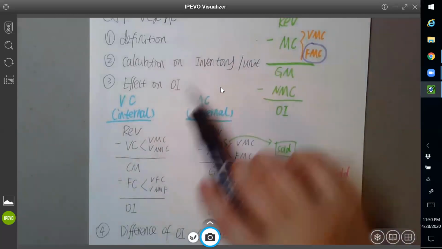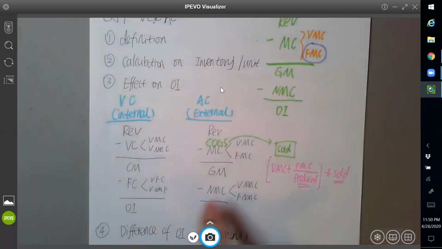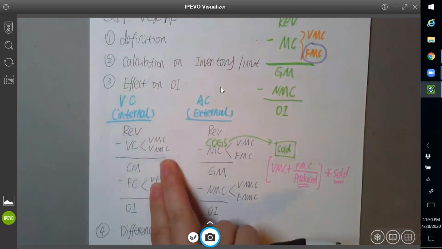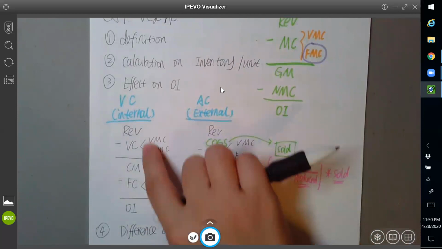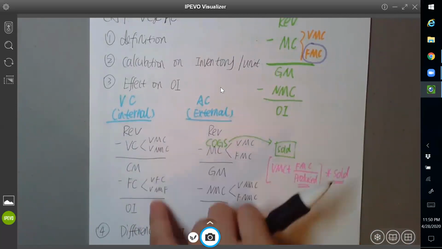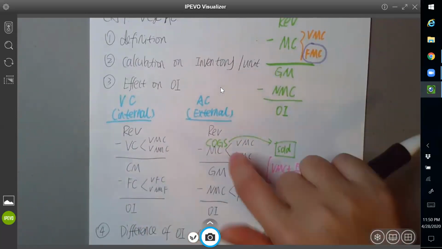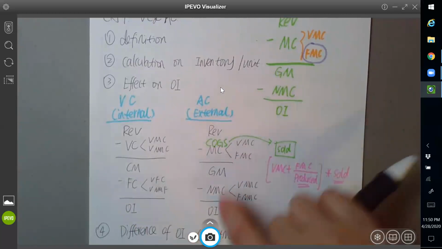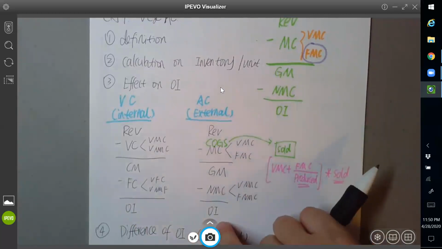Make sure you know how to get the operating income for both methods. One more time, as I mentioned, you already learned chapter 3 CVP analysis, so I don't worry too much about the variable costing method. For the absorption costing method, in order to get the operating income, you have to do 2 steps.